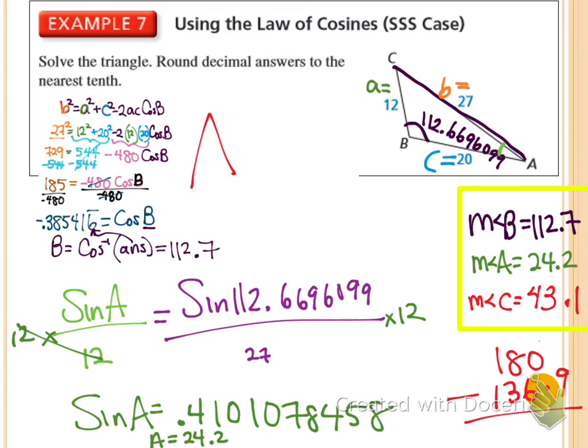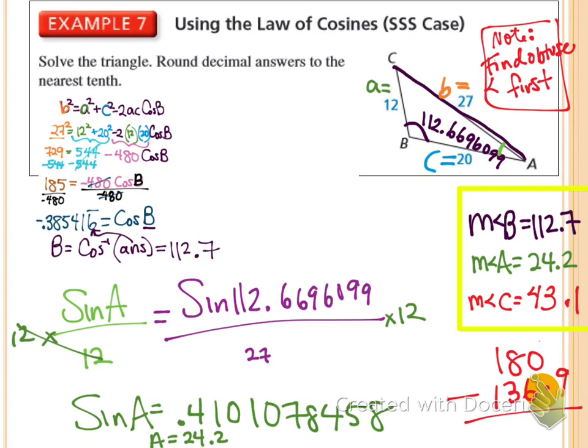So remember, law of cosine, you use it once, and then you use the law of sine. The only special note on here: find the obtuse angle first. Because again, the law of sine, you would use the inverse of sine, and it cannot find the measure of an obtuse angle, only acute.